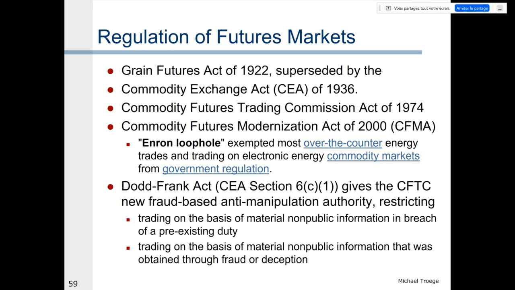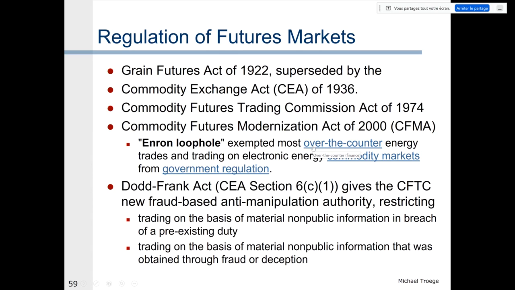Then you have different laws that regulate or deregulate the commodity future markets. For example, the Commodity Futures Modernization Act of 2000, CFMA, but this was part of the reasons for why Enron failed in 2001.